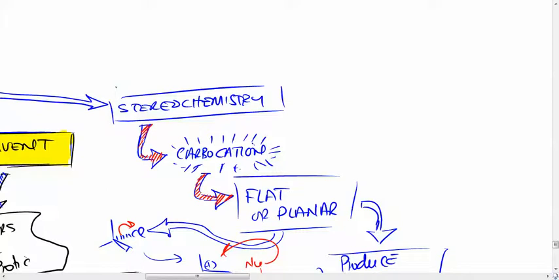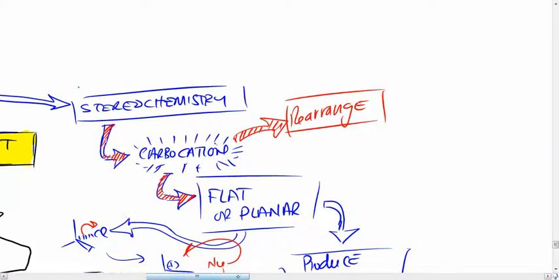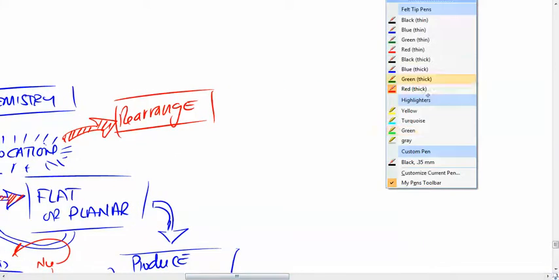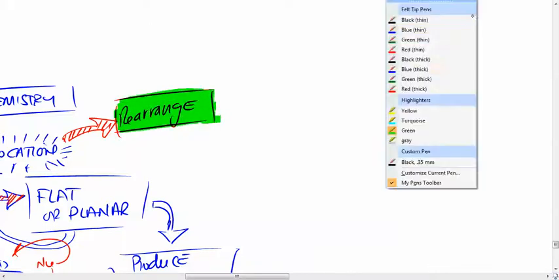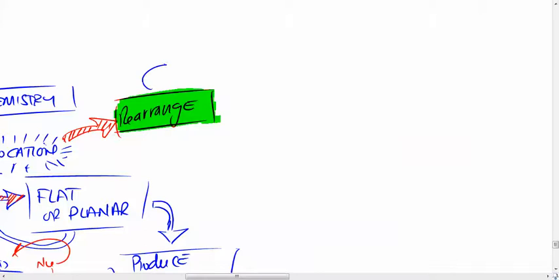So now we know about carbocations. We know that they can rearrange, right? So why are these carbocations rearranging? To become more stable. That's right. So we're going to rearrange them because we want to become more stable.